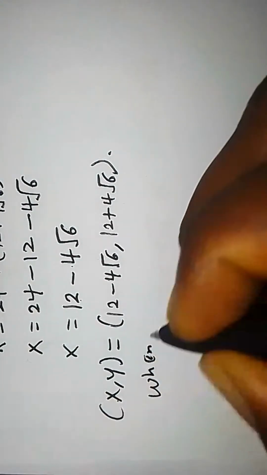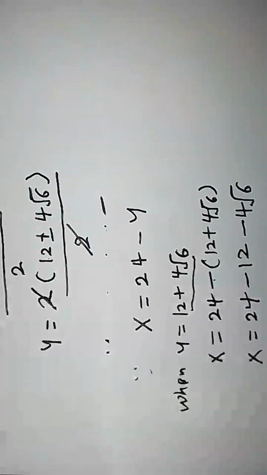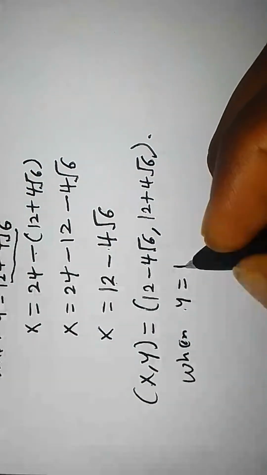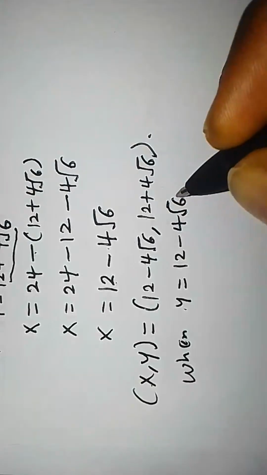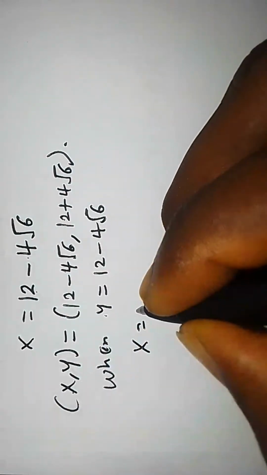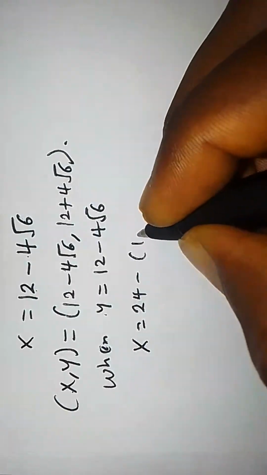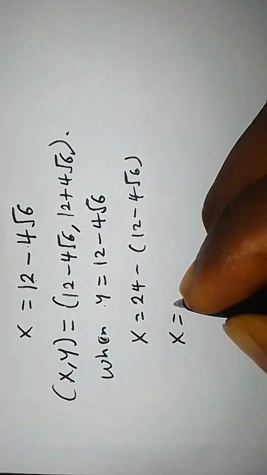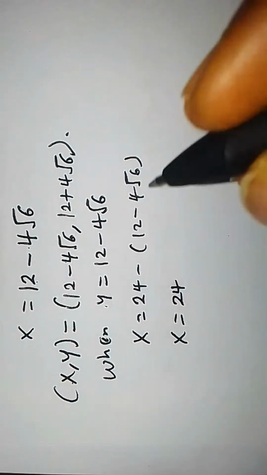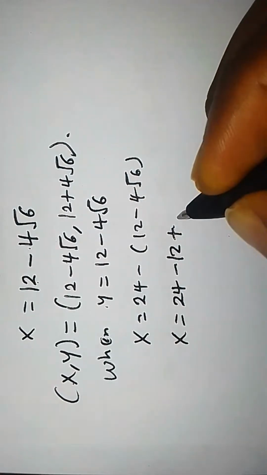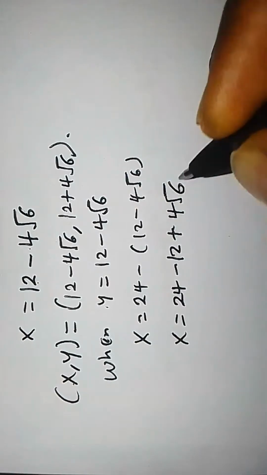When y is equal to 12 minus 4 root 6, plugging this value of y here also, to obtain the value of x, we have x equal to 24 minus (12 minus 4 root 6). x equal to 24 minus times 12, minus 12, minus sign is minus, that is plus 4 root 6.